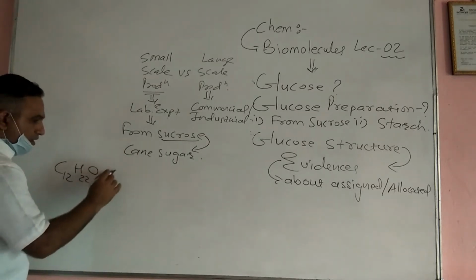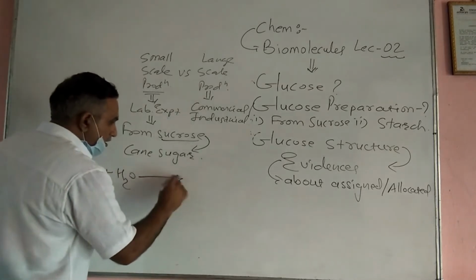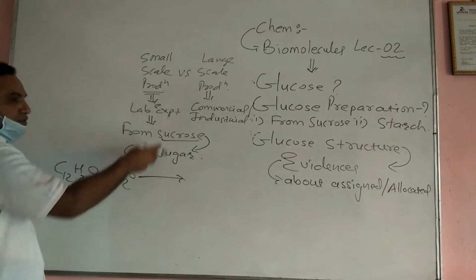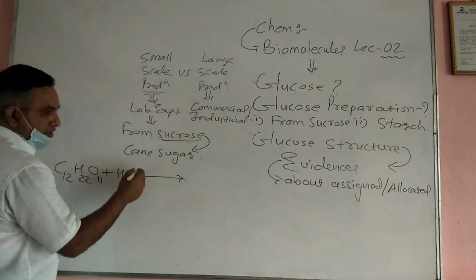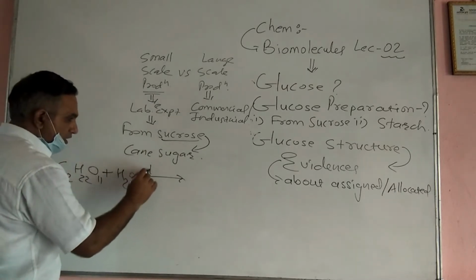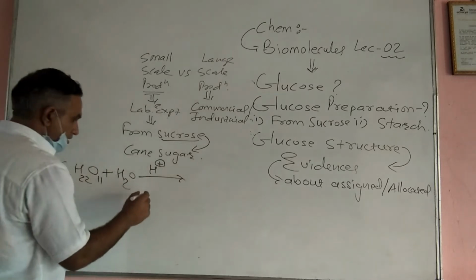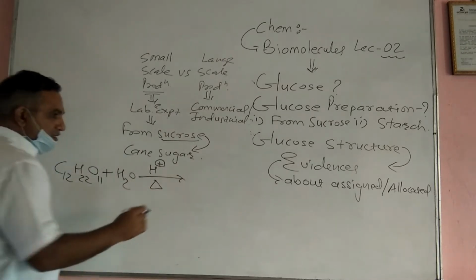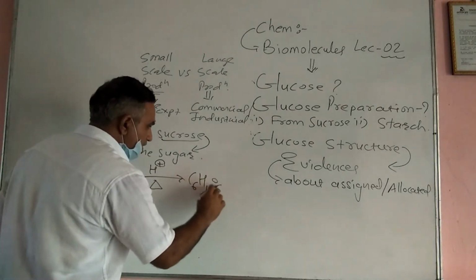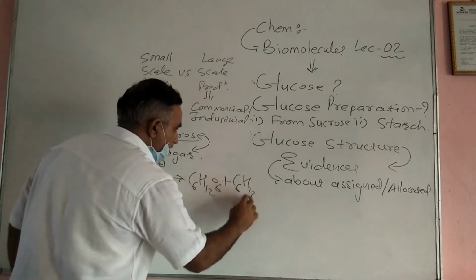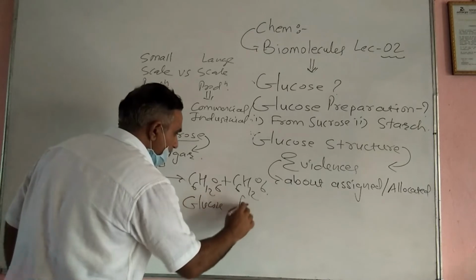Upon hydrolysis, you have to consider one water molecule here. Then you have to boil this cane sugar with dilute HCl, so here I am mentioning H+, the presence of acid. Then you will get two molecules of monosaccharide, C6H12O6 plus C6H12O6. So this is glucose, and this is fructose.